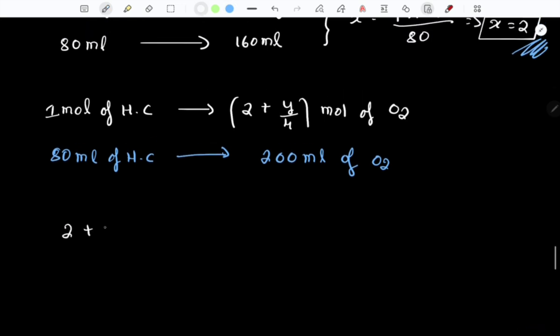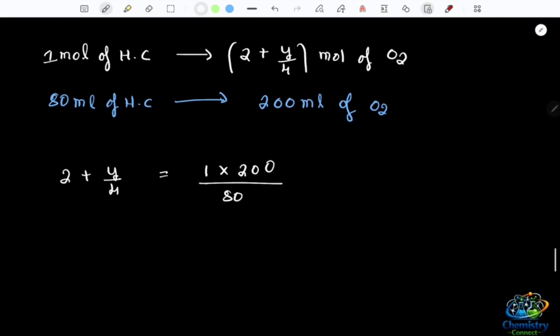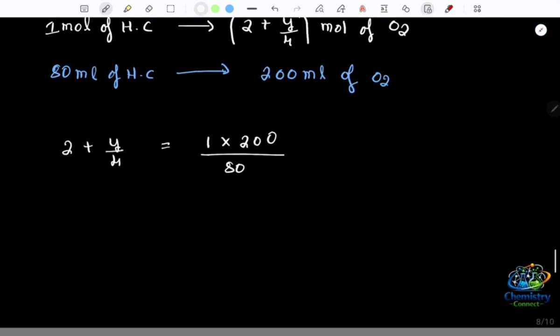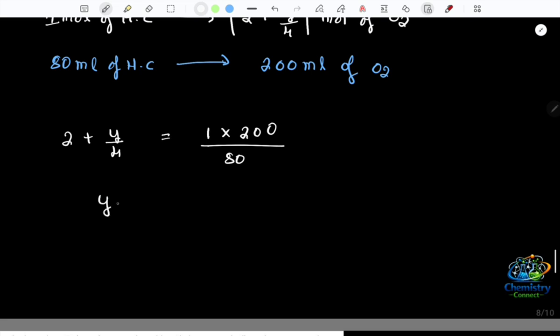So now what happened here? Calculation: 2 plus y by 4 is equal to 1 into 200 divided by 80. If you do the calculation, you will get the y value. Please do the calculation. Here the 0 will get cancelled out.